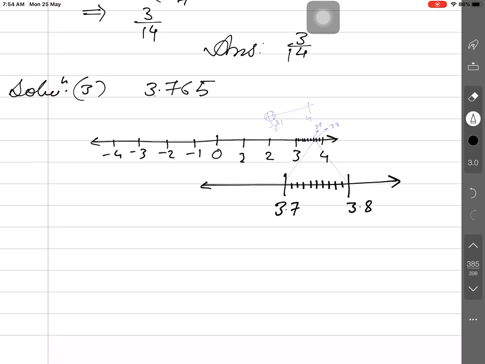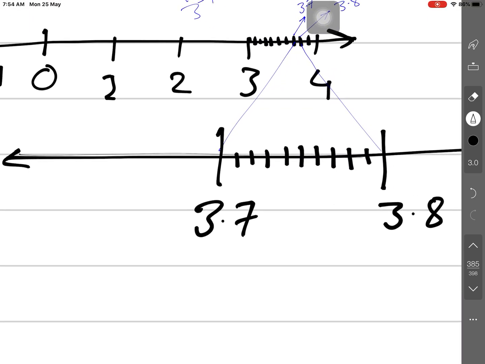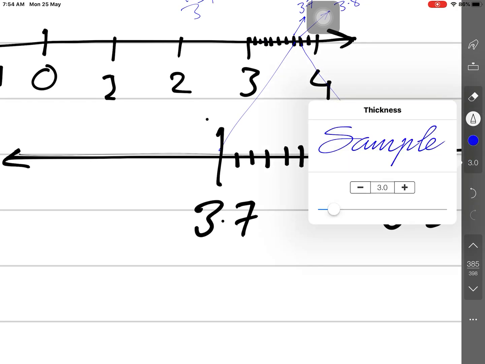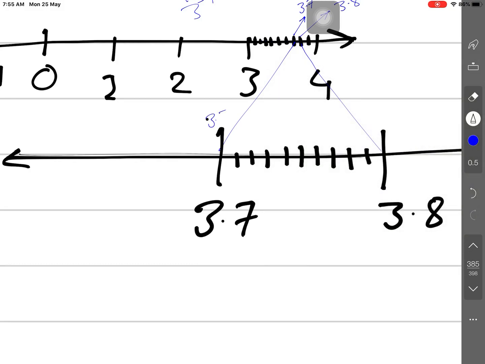This is 3.7, and this is 3.8. This is 3.71, 3.72, 3.73, 3.74, 3.75, 3.76. It is 3.76, right guys? And this is 3.78. So again, this is to be taken, have a look at this.